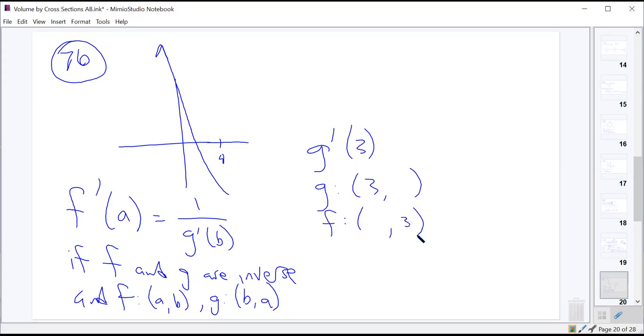And so g prime of 3 ought to equal 1 over f prime of whatever that x value for f is. So all we need to do is figure out what x value on f gives us a y value of 3. Does that make sense?